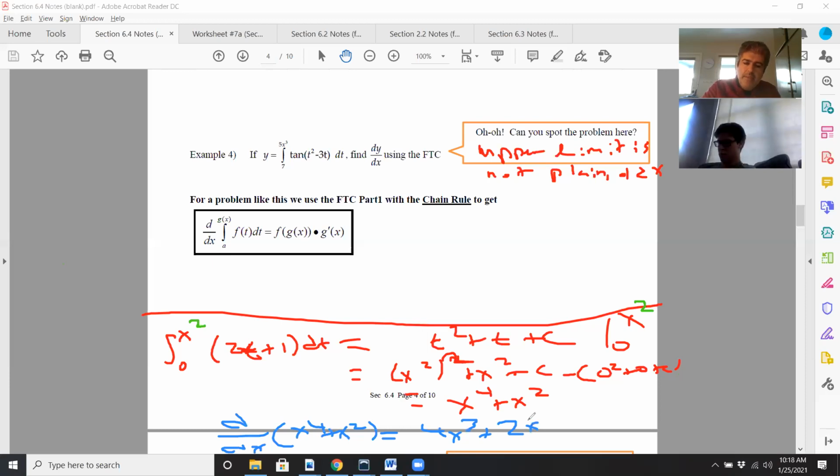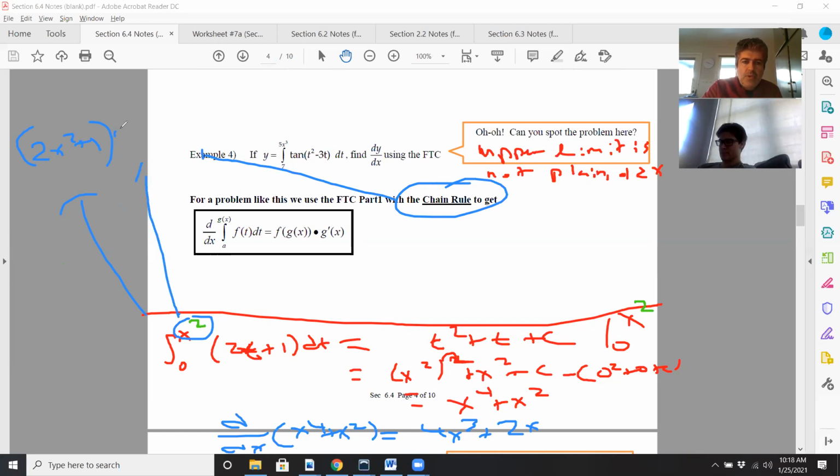Well, if I think about it, I could replace t with x squared and get 2x squared plus 1. But you've got to do a chain rule, that x squared. Then comes 2x.